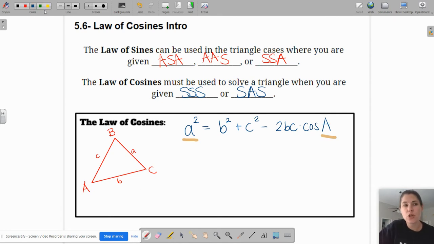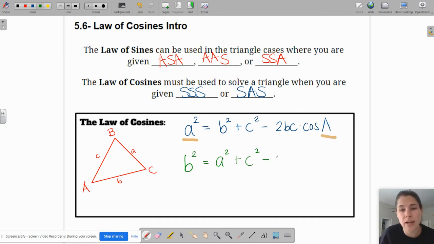The next version of this equation is, instead of talking about side A and angle A, what if we had side B? If we started with B squared, then the next two sides that you haven't used are A and C. So you're going to have A squared plus C squared here. Notice the B and C here are what you're multiplying by 2.